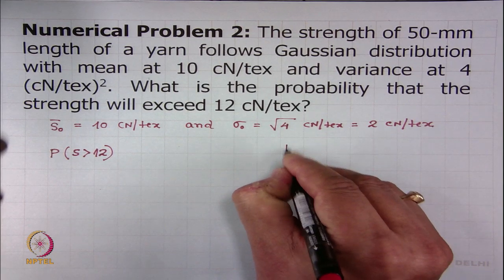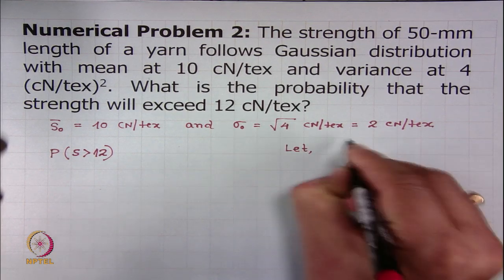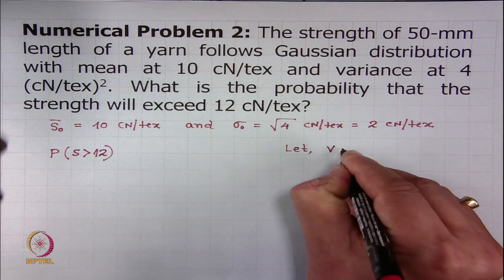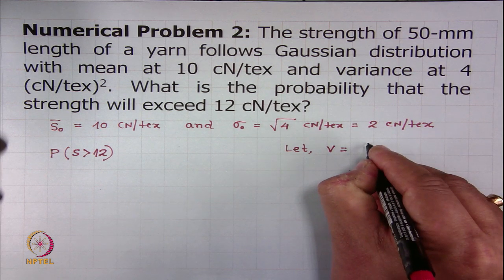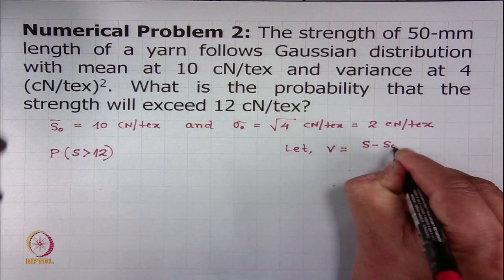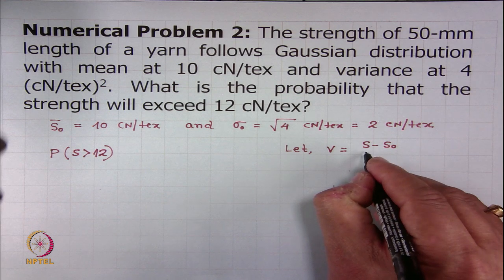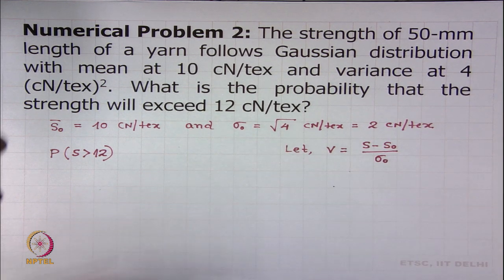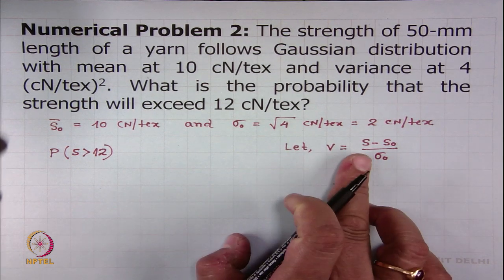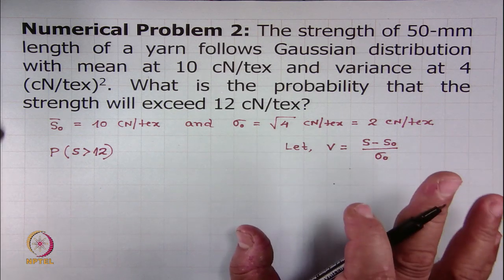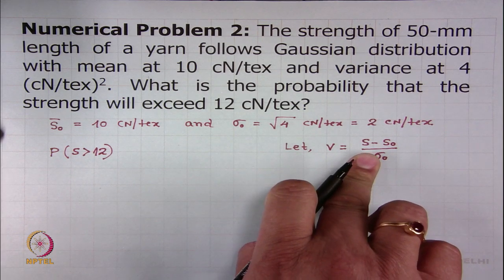Let V be equal to S minus S naught by sigma naught. S is the strength, all are related to same gauge length. Now, S follows normal distribution.